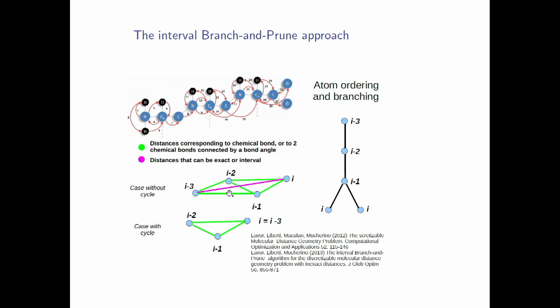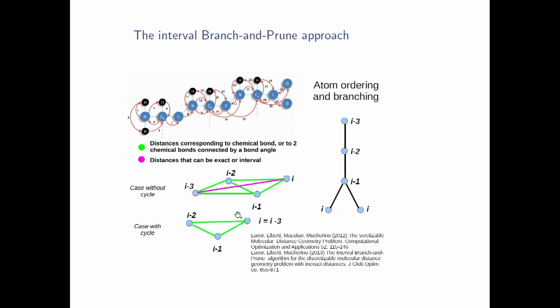All the green distances are known exactly, and the magenta one can be exact or can be an interval. If you do that, then you can define two positions for i, because with these distances you get the cosine of an angle, but you don't get the sine of the angle, so you have two positions.